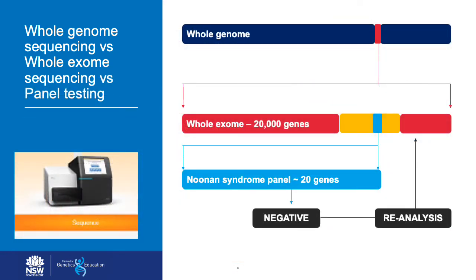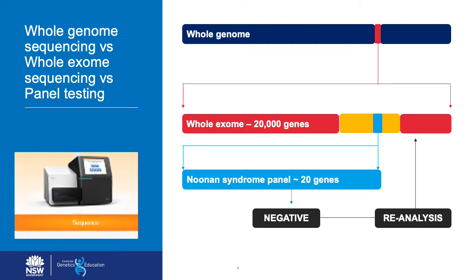So what is a gene panel? When we do genomic testing, we can sequence the whole exome, but only examine the part of the exome that is related to the clinical presentation. For example, with Noonan syndrome, there are about 20 causative genes known to date. When we sequence the whole exome, we may only choose to examine those genes that are associated with Noonan syndrome.